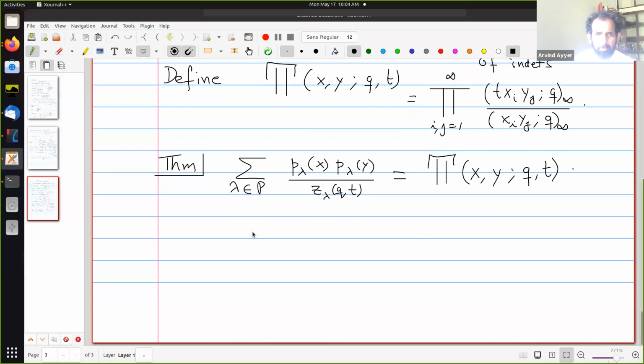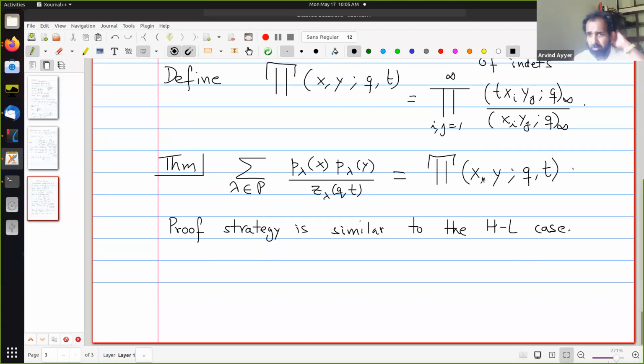So again, the proof strategy is similar to the Hall-Littlewood case. You take the log of the right hand side, expand it, and then extract the coefficients. You'll see.